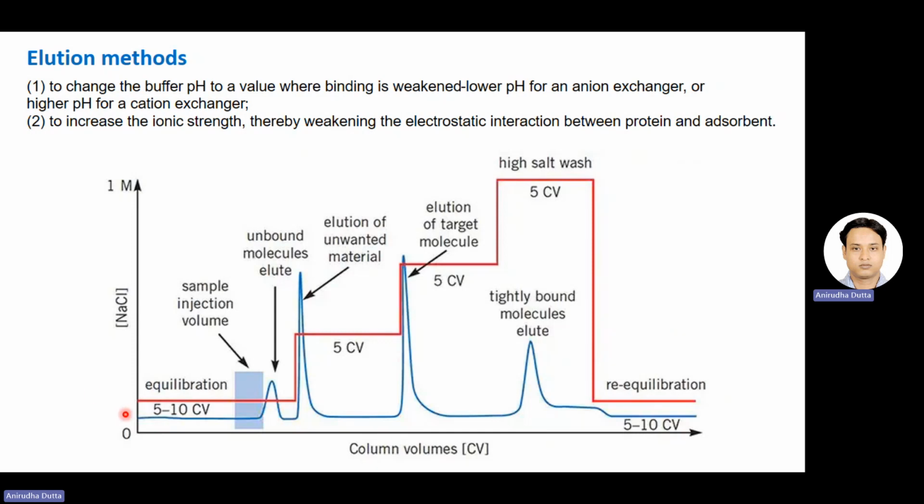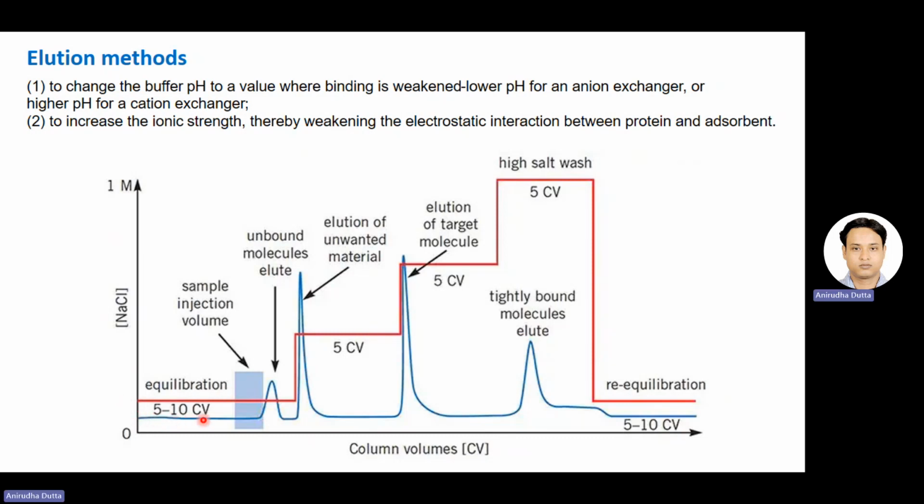So as you can see in this column chromatogram, we plotted column volumes, or the amount of buffer or mobile phase running through the column, and concentration of sodium chloride on the axes, and this blue line indicates the OD 280, that means the absorbance by protein.